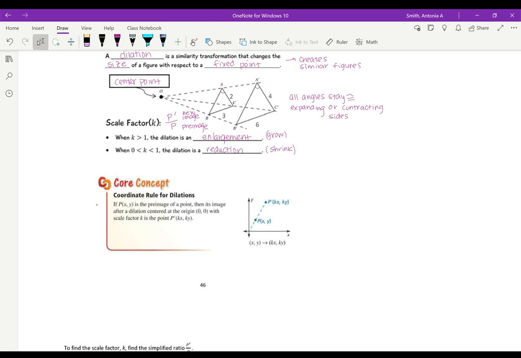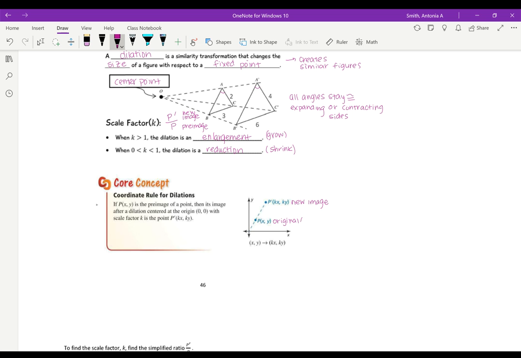This picture does a really good job of explaining that. This is our original point, and after we use our scale factor and do a dilation, we get a point for our new image.